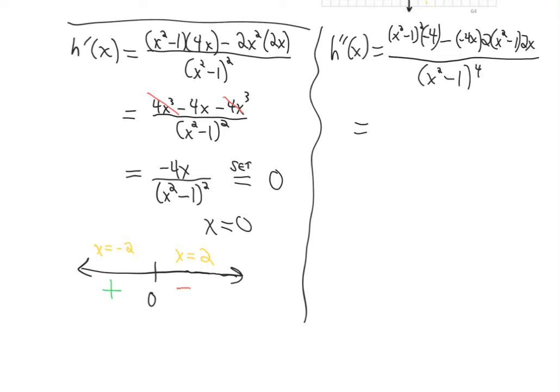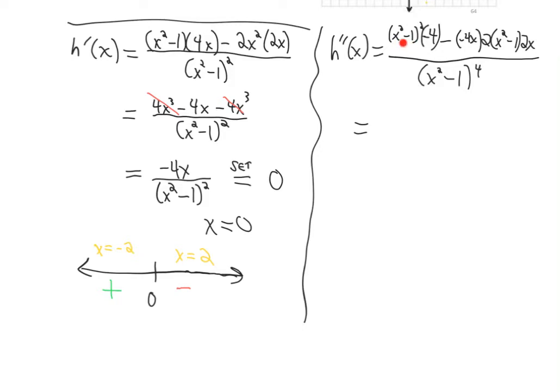Maybe simplifying will help things, but I don't know. Let's see. One thing I notice, because I'm trying to look for structure to make my life easier, I don't want to multiply out a million terms and do a million combining of like terms. I want to try to step back and look at structure here.